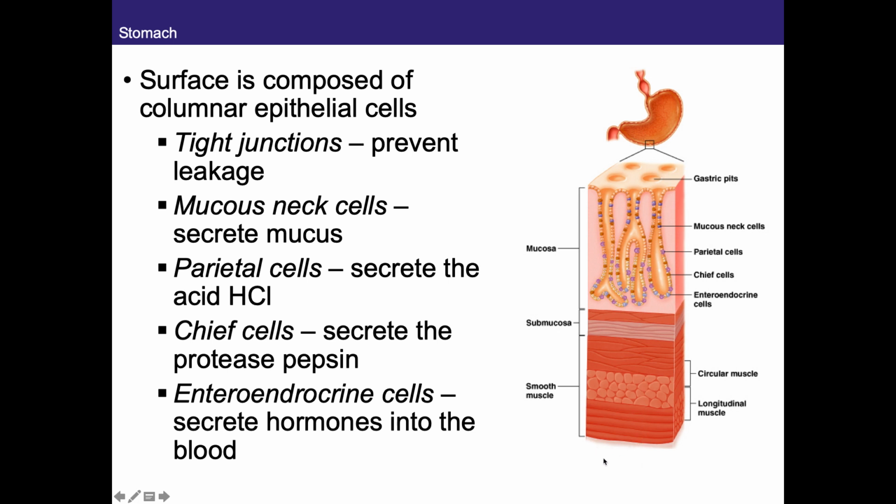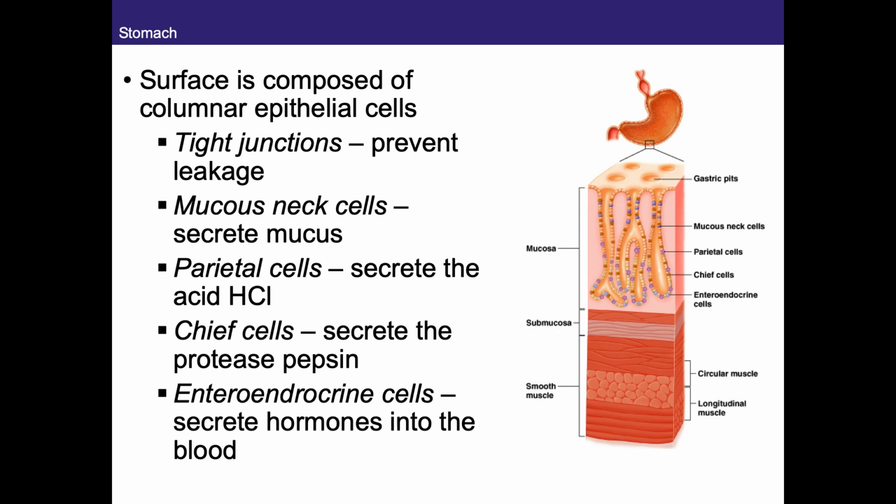All right? So the mucosa layer closest to the lumen of the stomach actually has these gastric pits. And within the gastric pits are these different cell types. Mucus neck cells, and as you can imagine, they secrete mucins. As I mentioned before, parietal cells, it's really important to know the name of these cells. Parietal cells actually secrete acid, hydrochloric acid.